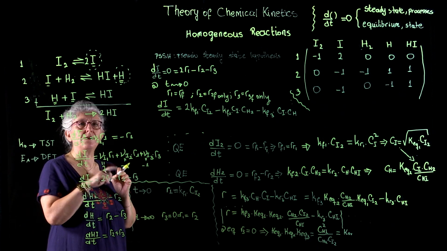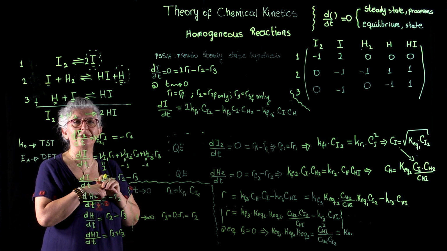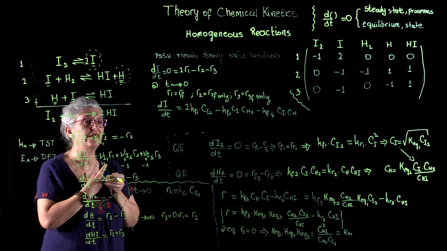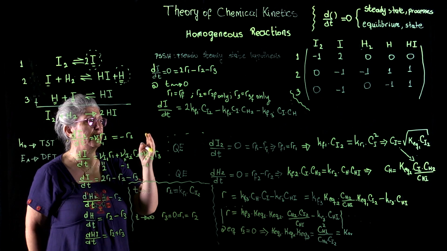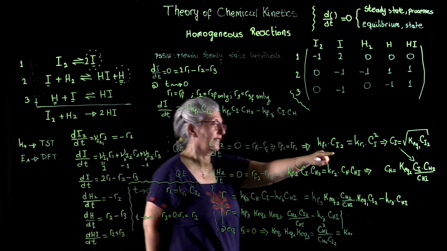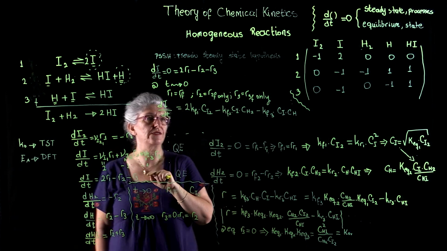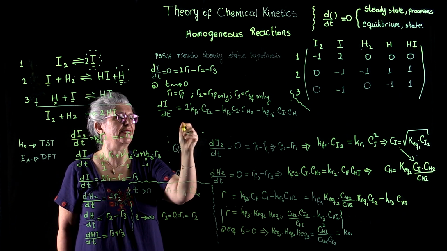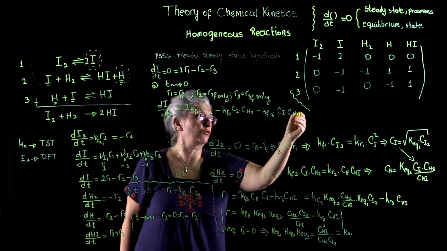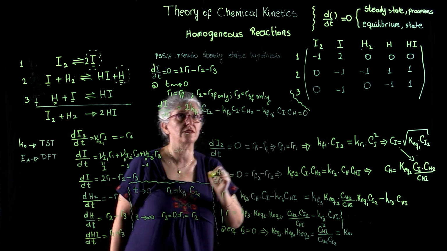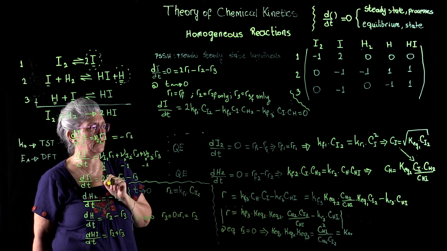You see now, under those conditions, we are going to obtain a very different expression for CI than what we have derived under quasi-equilibrium conditions. Let's derive. From here, this should be equal to 0. This is a pseudo-steady state hypothesis.